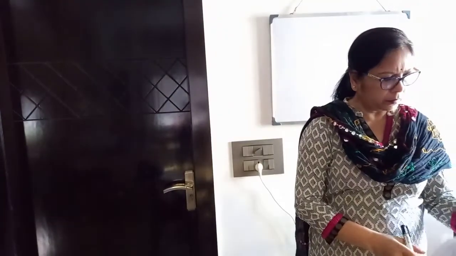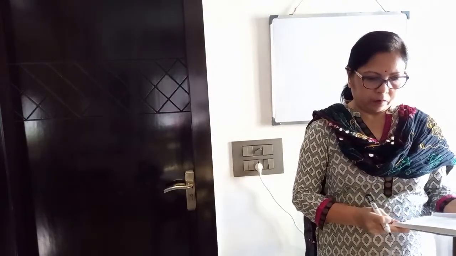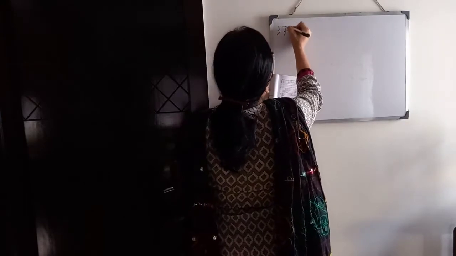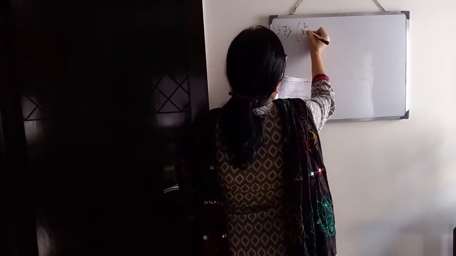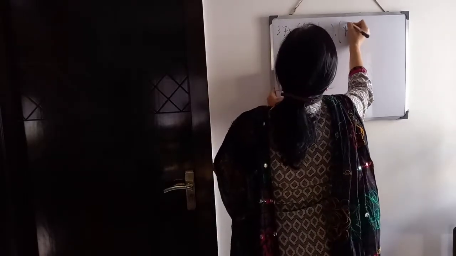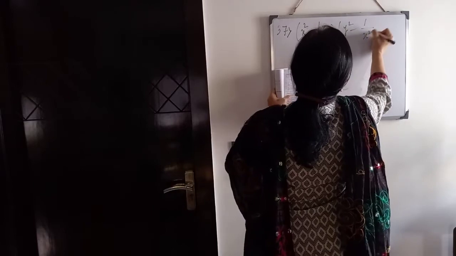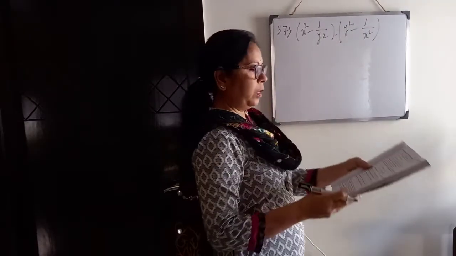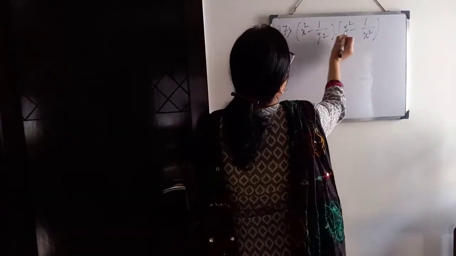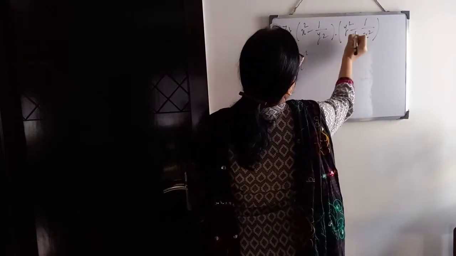Then express as a square. This is also a star mark question. Express as a perfect square. Clear? So what to do? First, we will open the bracket by multiplication. This into this means x square y square, minus this.